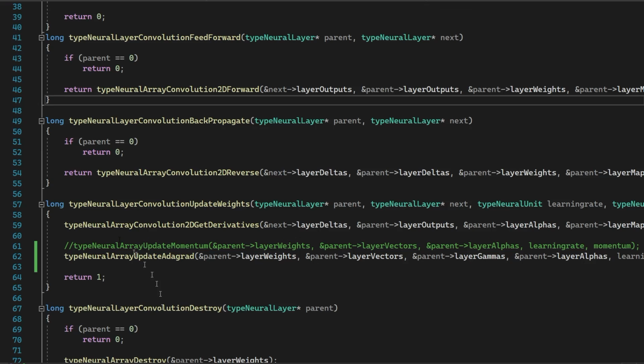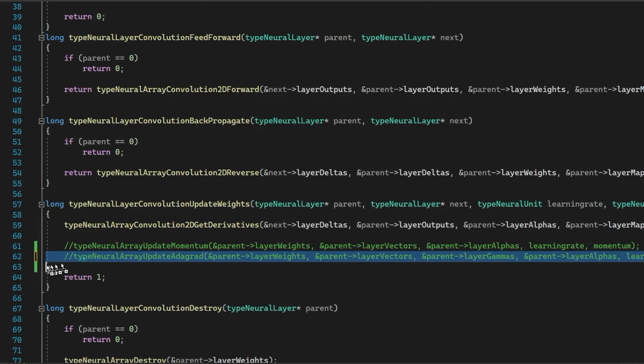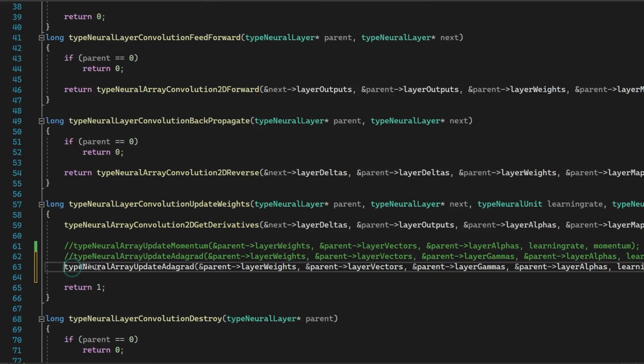Okay, update AdaGrad. I really have to fix this. Update Adam. Adam and AdaGrad work better. So we're going to have to add something to select between them, because I don't want to have to retype the code every single time.